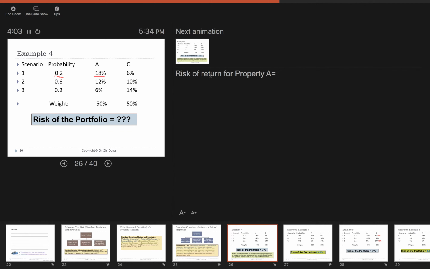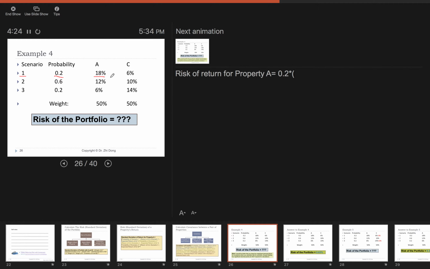First we need the probability under the first market scenario, scenario 1, so probability 0.2, times the deviation of property A's return from its expected return.